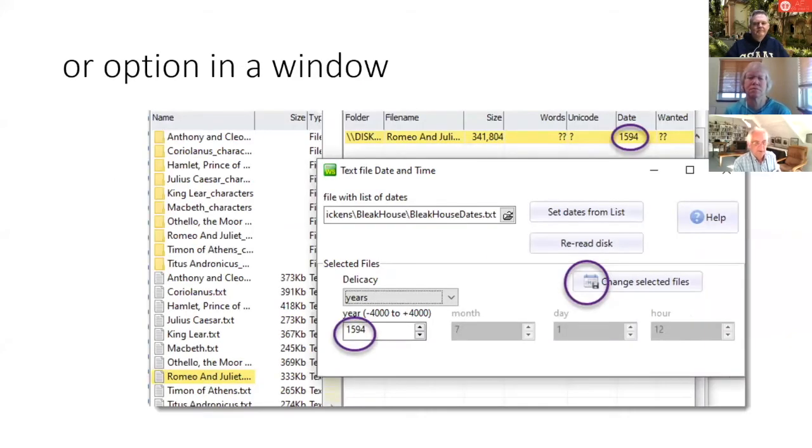Another possibility is to have an option in a window, so one can select a particular text, and here on the left you see Romeo and Juliet has been selected, and at the top we've got 1594, and I've pressed 3 of those circled options to make sure that it knows that this Romeo and Juliet play is to be associated with a particular date.